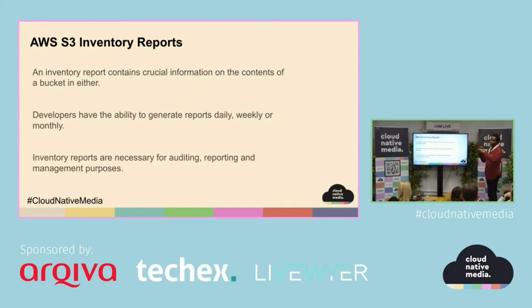It's basically a report that has everything within a specific bucket, the files, the metadata, when they were uploaded, and those sort of things. They are necessary for auditing reports and also management purposes. It's one of the things that batch operation requires because the batch operator needs to know what's in that bucket, what to move, the metadata for them.